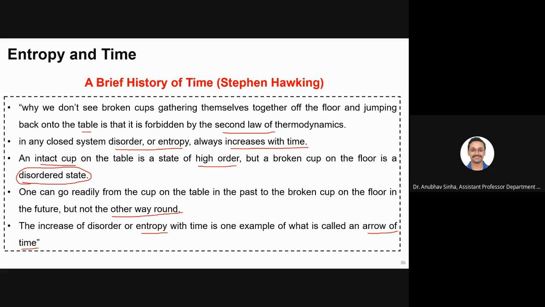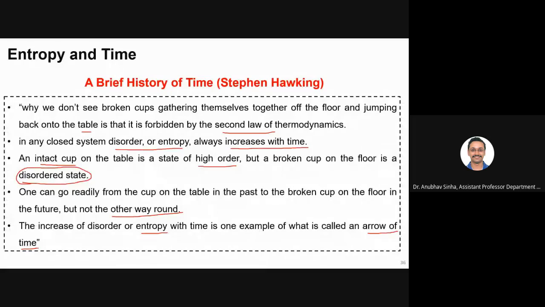So for example, if you make a video recording and play the video in reverse, you can see that the cup is coming back to the table, right? But that does not happen naturally. The cup and table are a very common example that you know, but suppose there is some chemical reaction or some phase change happening.